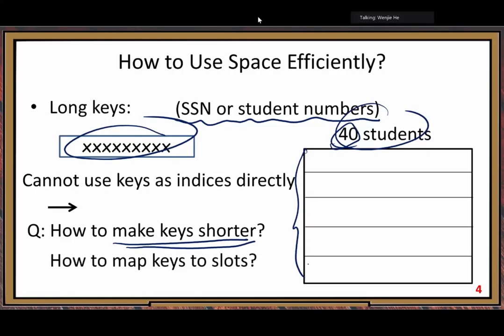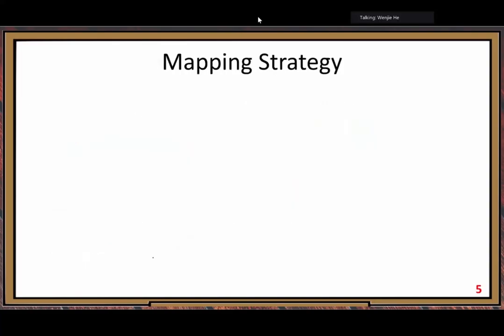Question: we want to map keys to slots. There is a mapping process here. How to do the mapping? If you can find a good way to do the key mapping, then you have a nice solution to your search problem. All right.